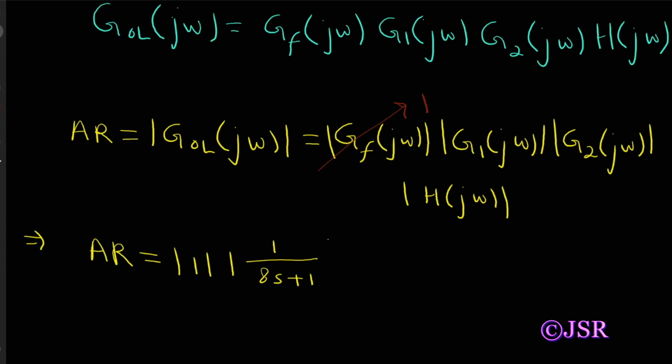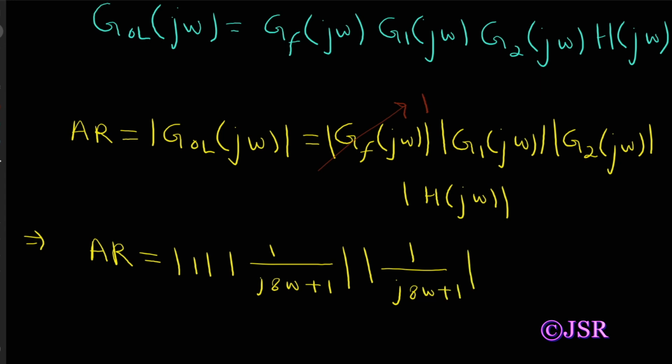So in this, 8S becomes j 8 omega, so this will be 1 upon j 8 omega plus 1, into 1 upon j 8 omega plus 1, and e to the power minus 2 omega j.